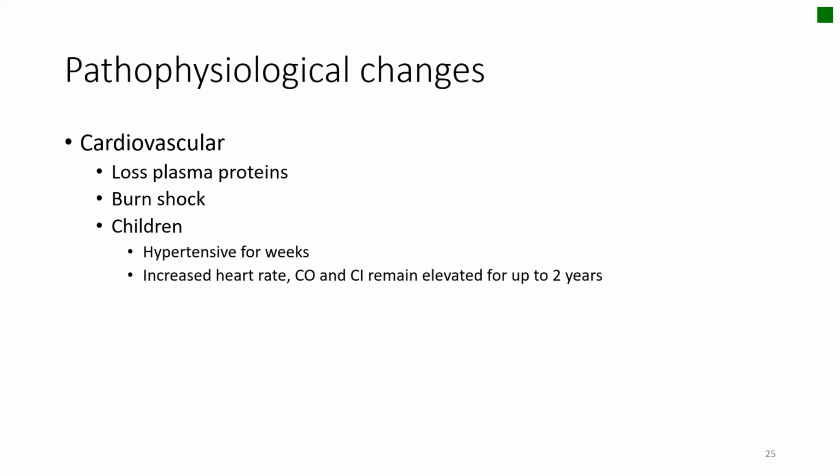Cardiovascular changes: remember the loss of the plasma proteins within the intravascular compartment can persist for up to 36 hours after the initial burn. So we may see burn shock be present within the first 24 to 38 hours of an acute burn. A reduction in cardiac output is a hallmark of burn shock and appears to occur within minutes of the injury.